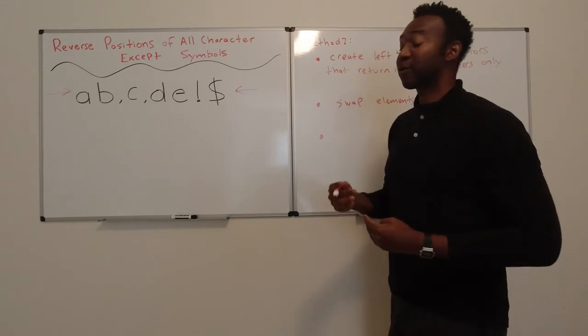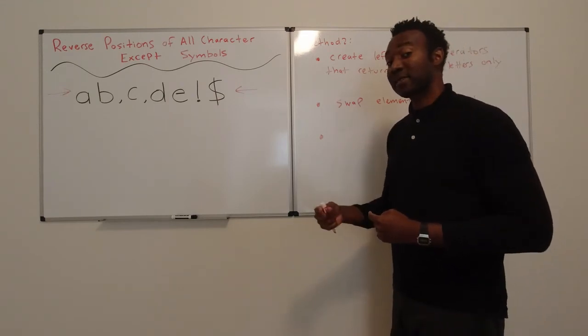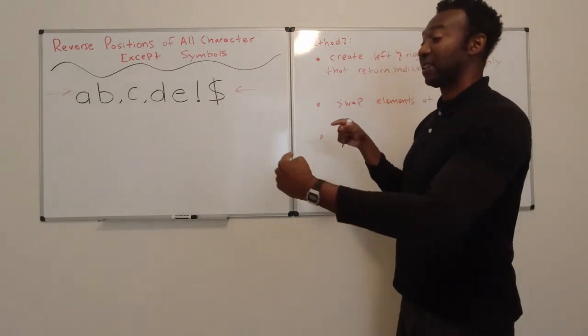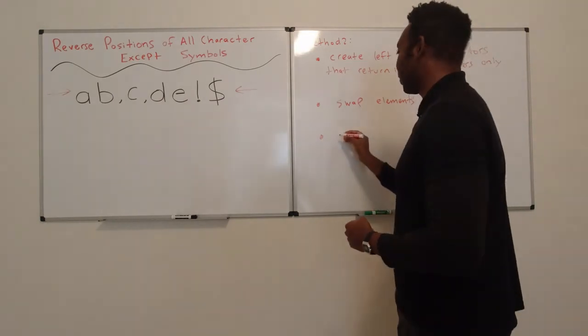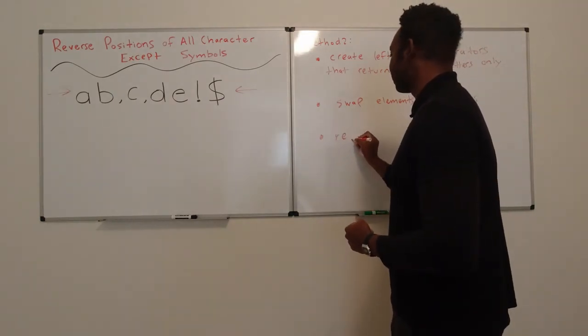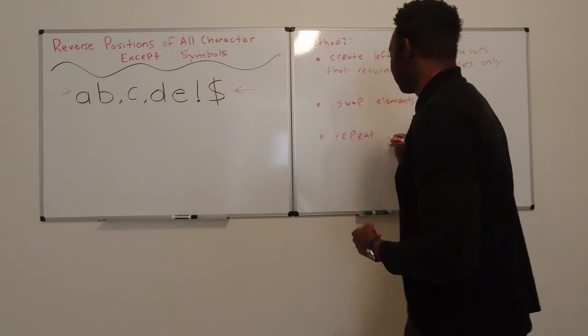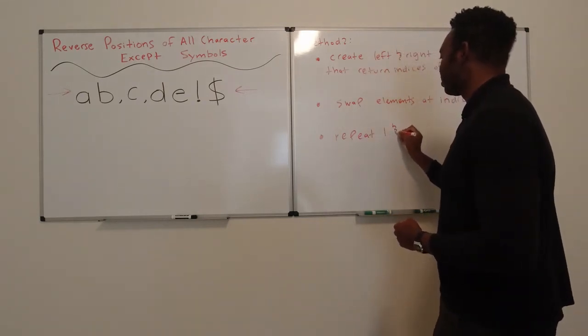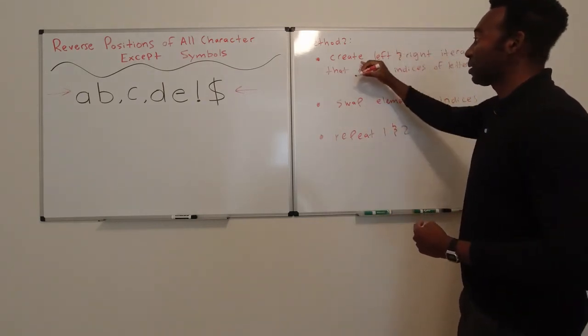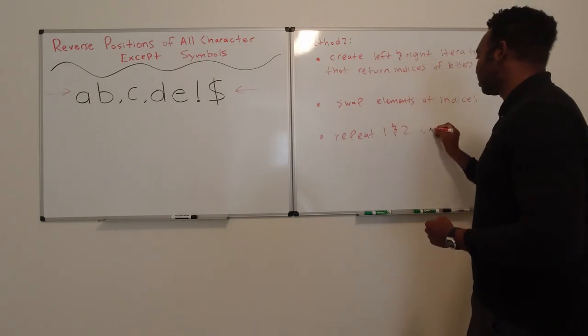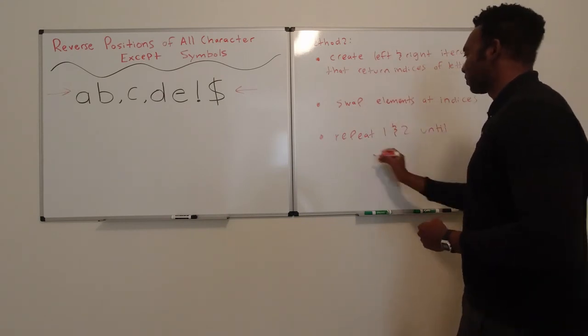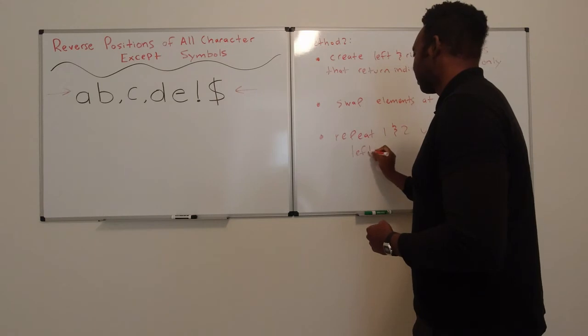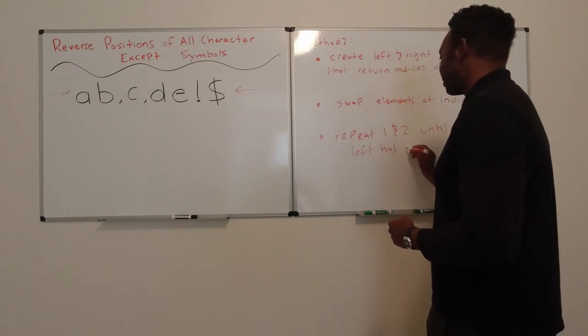What happens in step 3, you then have to repeat this process until the right and left have passed each other. So repeat steps 1 and 2 until left has passed right.